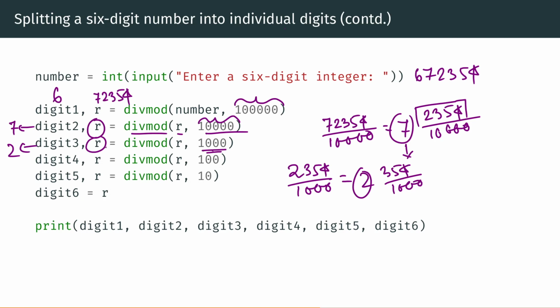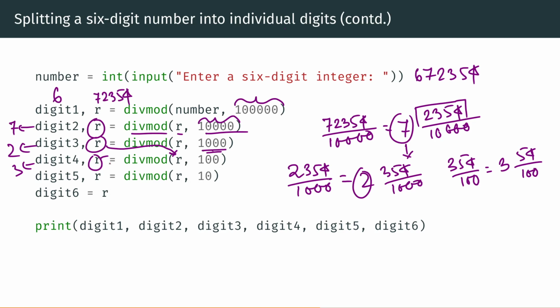Now this remainder goes here, so we divmod 354 by 100. 354 over 100, when expressed as a mixed fraction, would be 3 and 54 over 100. So that's my 3, and this is 54.